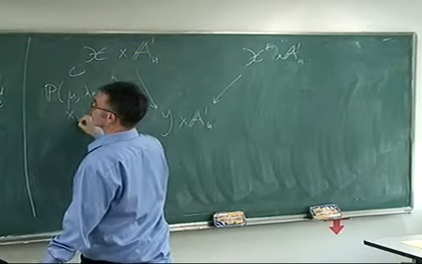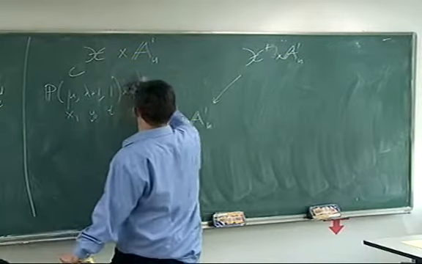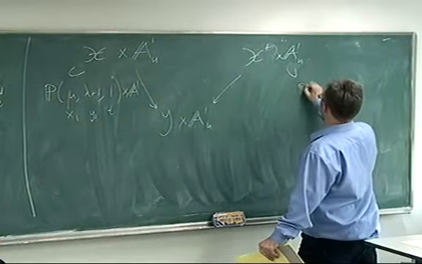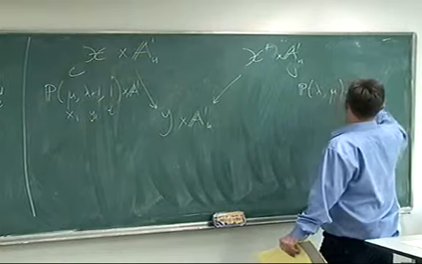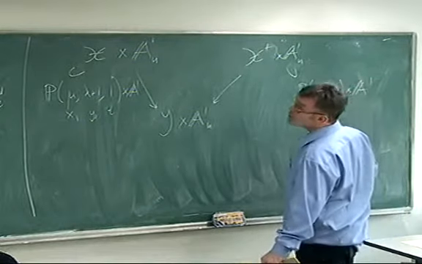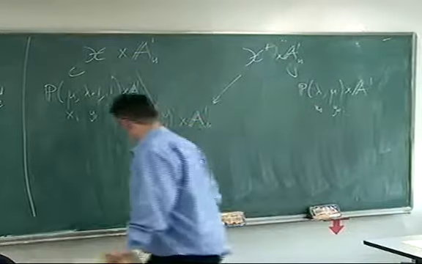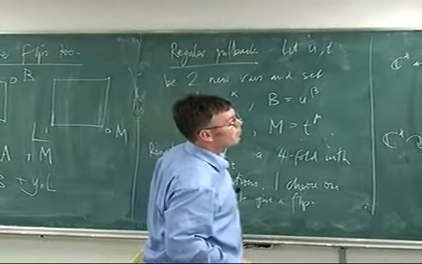That's x1, y1, t, cross this A1. And what's contracted in here is the negative weights, which is P of lambda, mu, cross A1, where these coordinates are x0 and y0. So I haven't put the equation in yet, but that's the kind of ambient space for this flip.